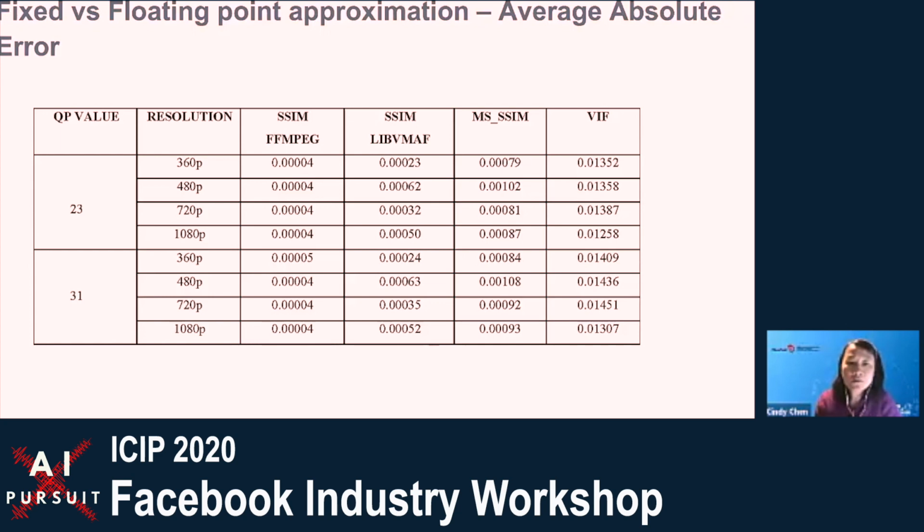The larger error for VIF is due to the complexity required in the score computation, such as the logarithmic function. These errors are deemed to be acceptable by our video software team since they are small enough and could be calibrated out by retraining the model using the overall VMAF score computation. Next slide, please.